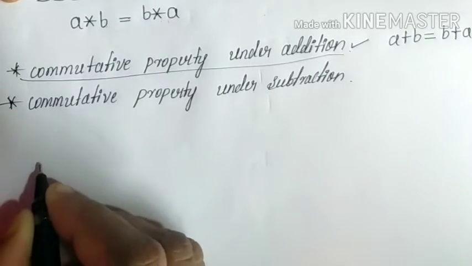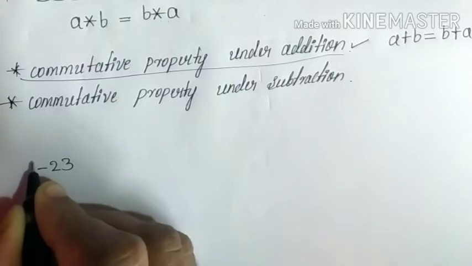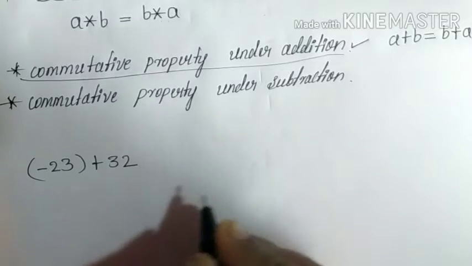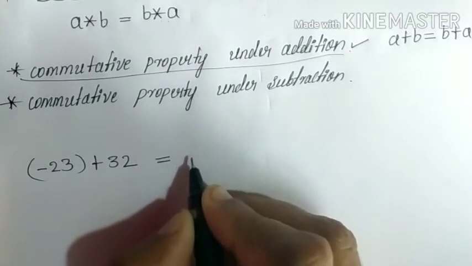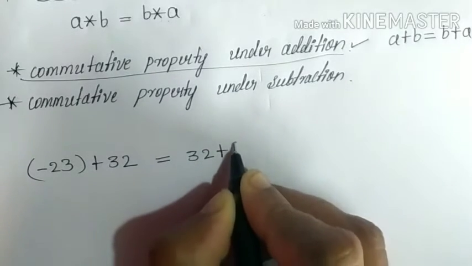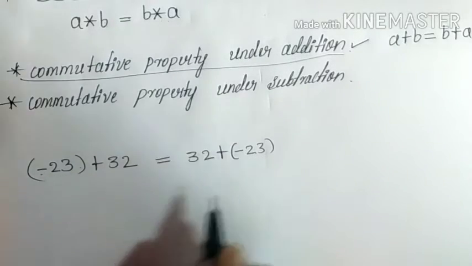We'll take one example here: minus 23 plus 32 is equal to 32 plus minus 23. I will just change the order of operands here.